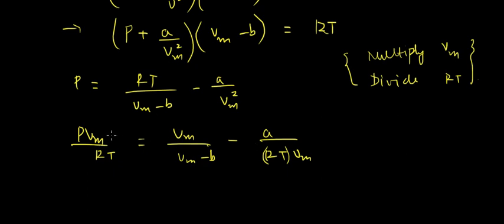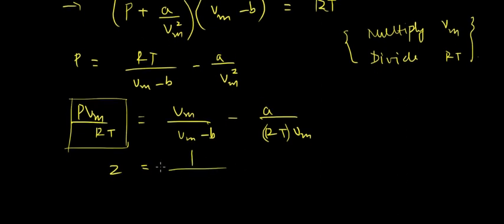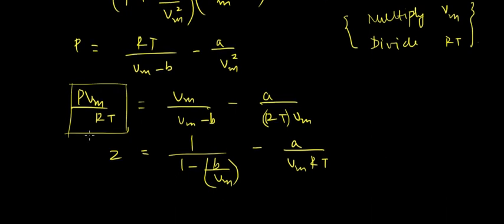We know that PVm upon RT is nothing but compressibility factor. So Z would be equals to, we can simplify it more, 1 upon (1 minus b upon Vm) minus a upon Vm RT. So this is nothing but compressibility factor.